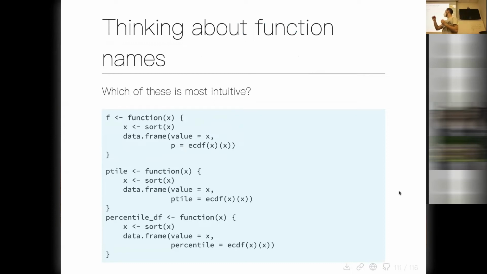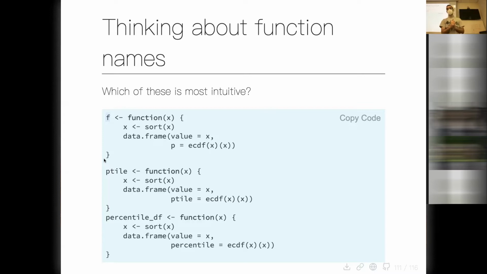Another thing to think about carefully when you're writing functions is the actual name of the function. It's very easy and very enticing sometimes to write functions that are called like f, right? Because it's just quick and easy and you just want to get it written and get it over with.